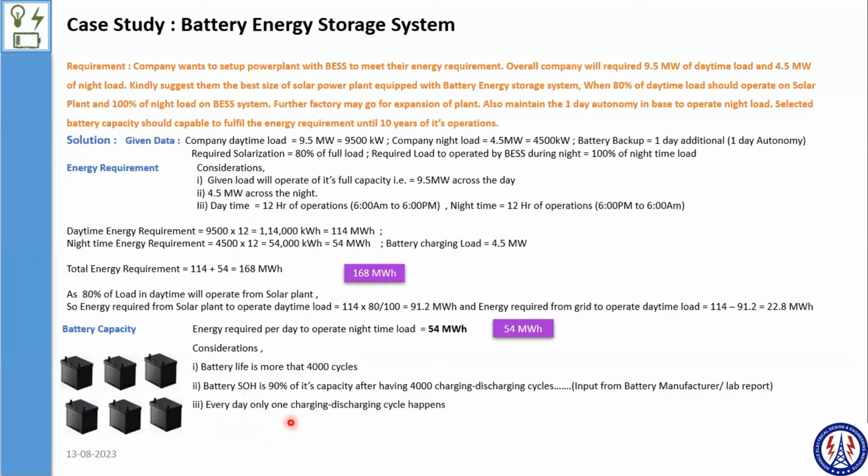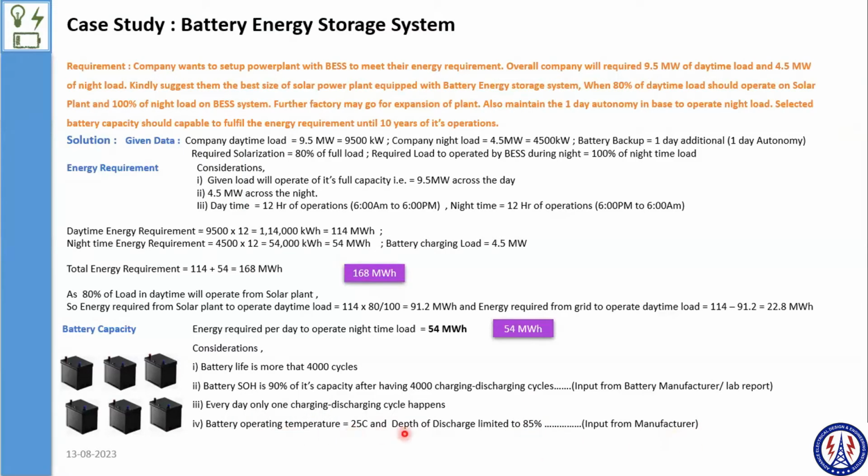And every day, only one charging-discharging cycle is going to happen. The battery operation is going to happen at a temperature of 25 degree centigrade and a DOD of 85%. This is the condition to maintain while operating the batteries, and this input is shared by the manufacturer.